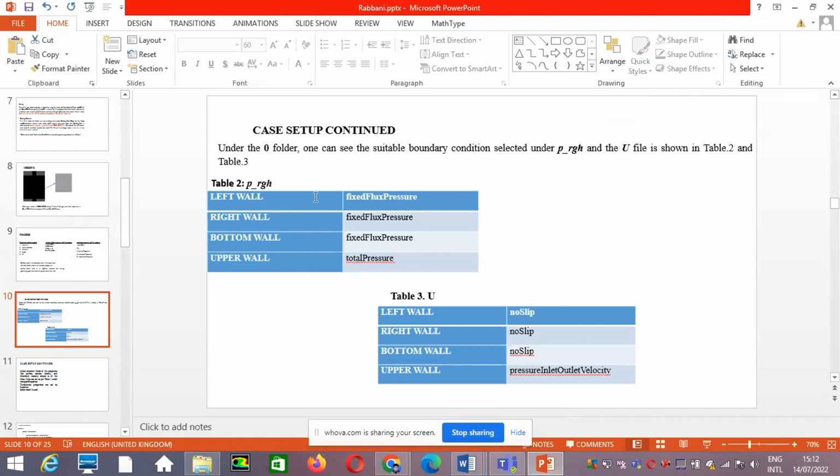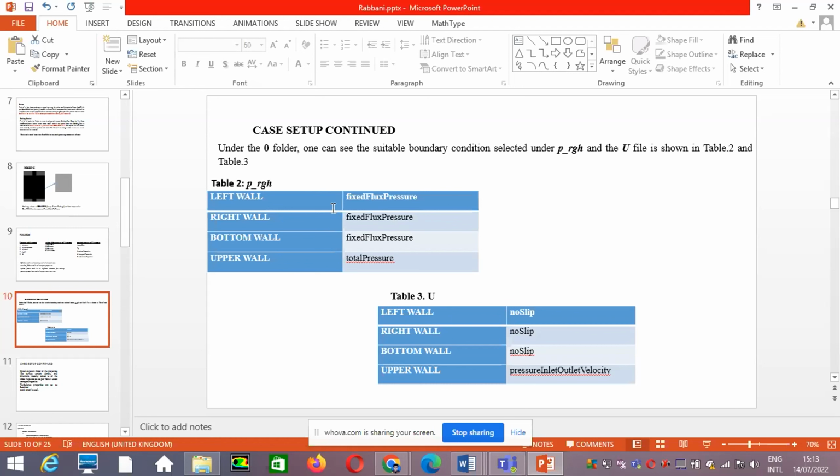under the zero folder, I have changed the p_rgh and U files for giving the boundary conditions. In p_rgh, I have given fixedFluxPressure. You should know that if you are giving one as a Dirichlet boundary condition, the other should be a Neumann boundary condition.